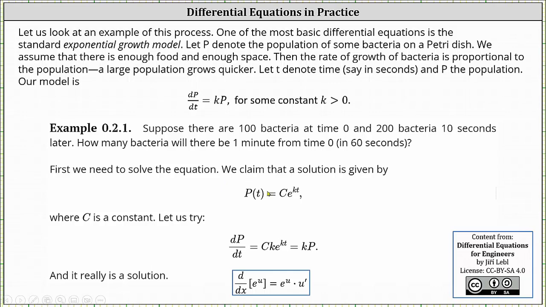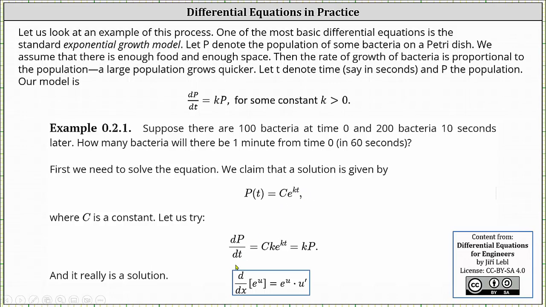To differentiate c times e to the power of kt, we need to apply the derivative formula shown below, which includes the chain rule where the inner function u is kt. And therefore u prime is equal to k, which is the derivative of kt with respect to t.